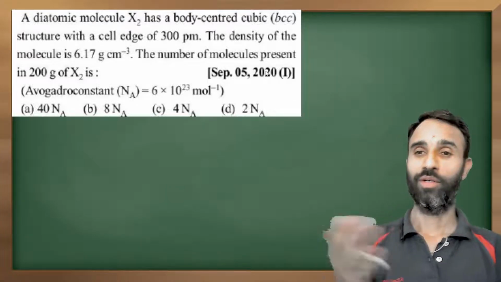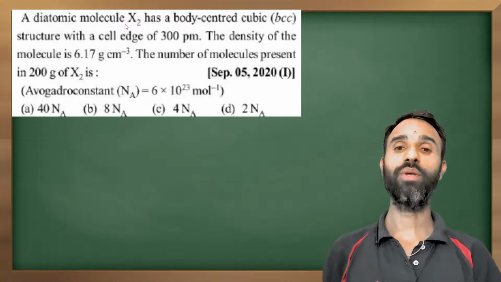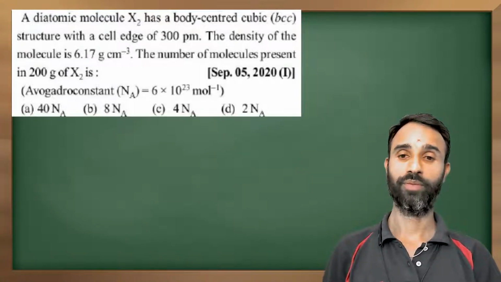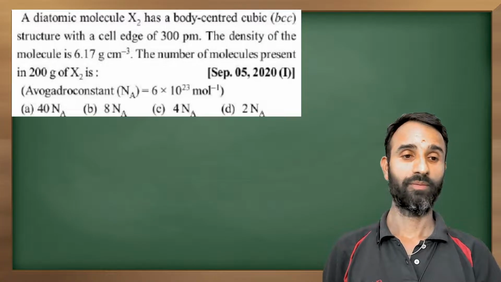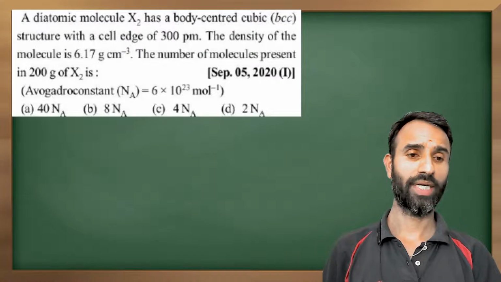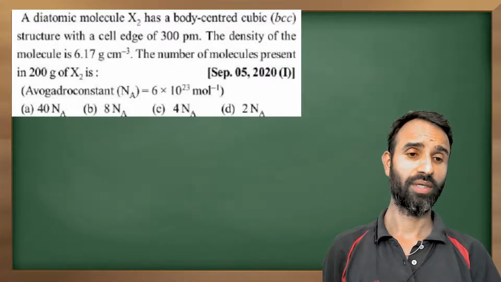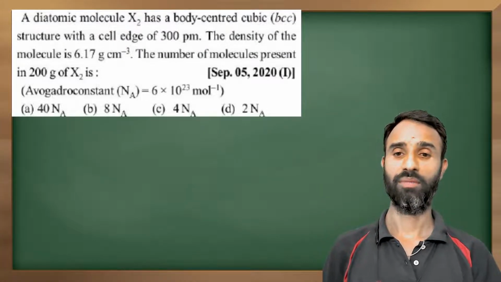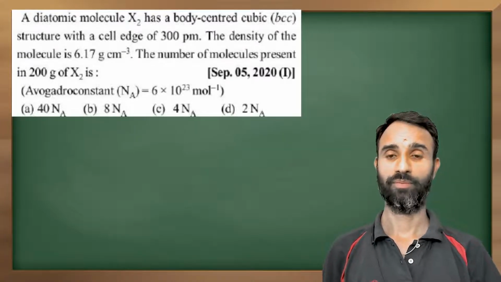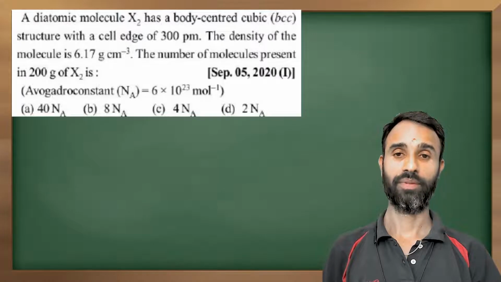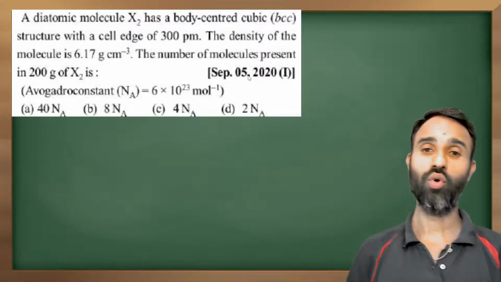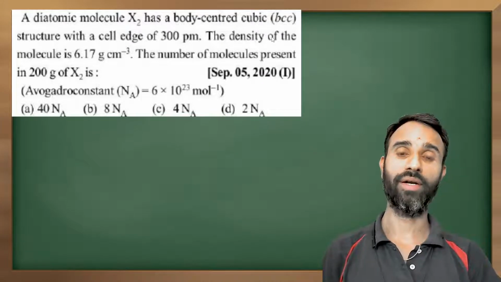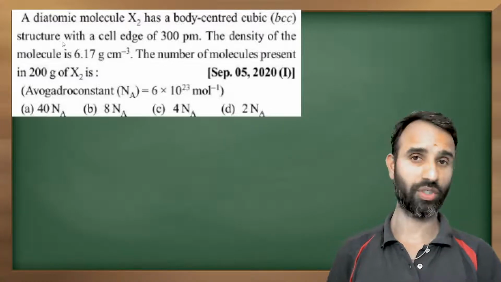Okay, so let's do this question. A diatomic molecule X2 has a BCC, body centered cubic structure.